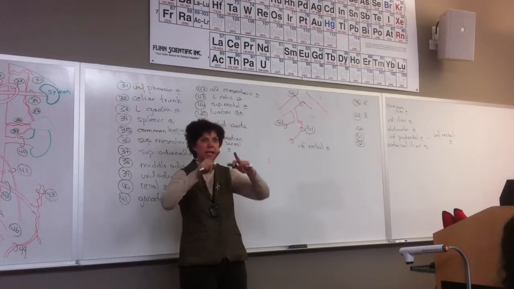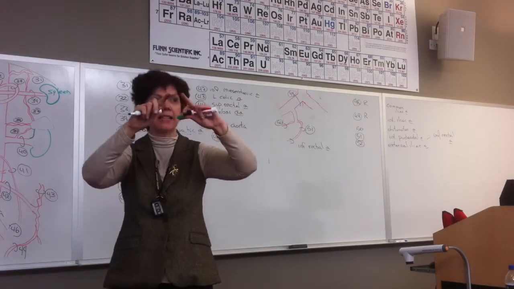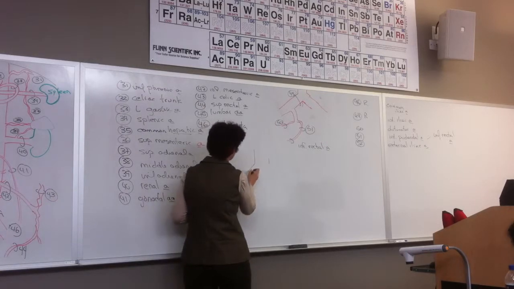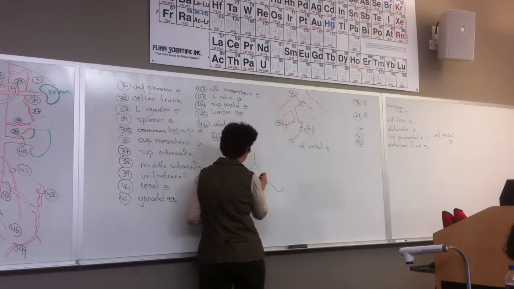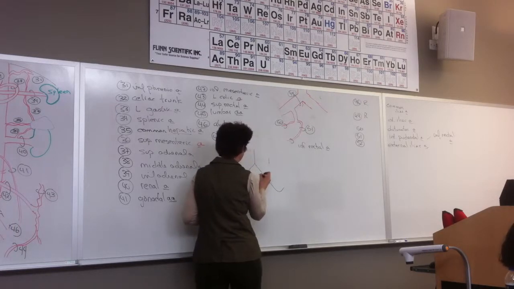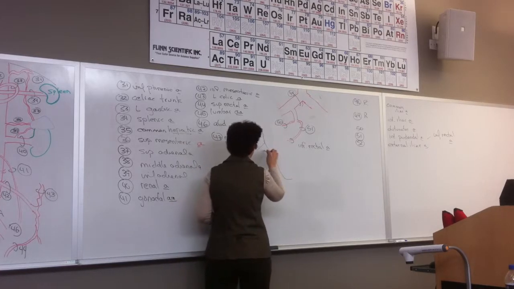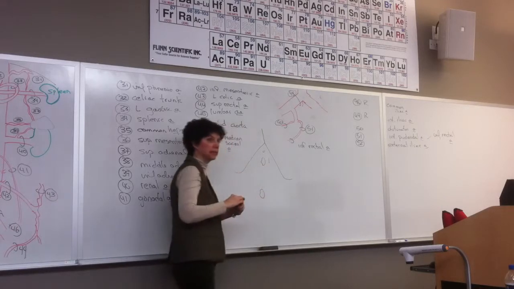So as the internal pudendal is passing forward towards the labia, towards the scrotal sac, so if we look at it from, here's our pelvis. Remember, we're looking at the female, let me draw that higher for those of you in the back. We have our female, we have our urethra, and down here we have the anus.